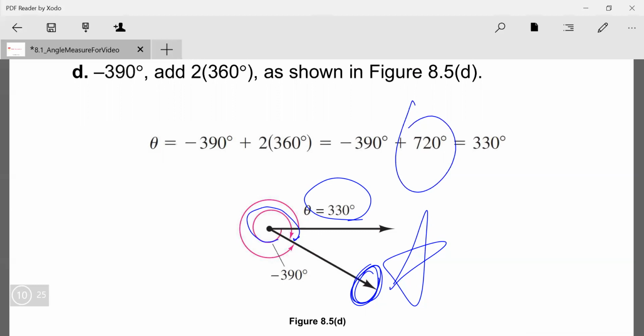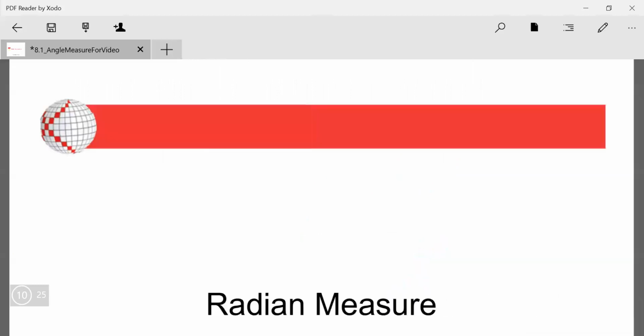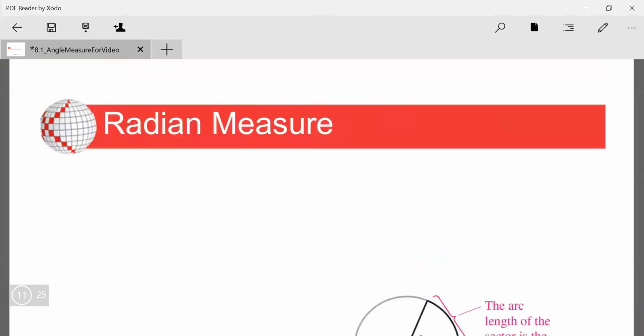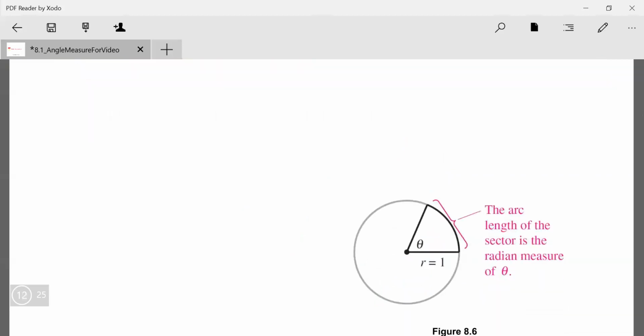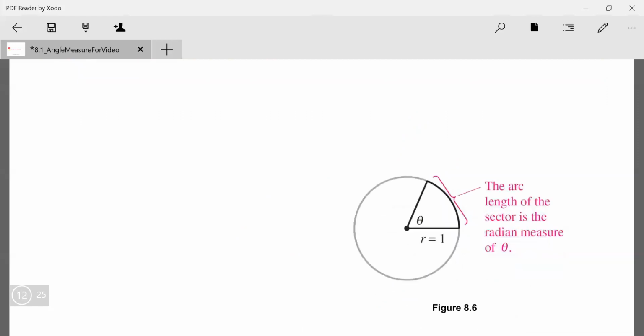Now let's go to another way to measure an angle. Another way to measure angle comes from the following fact.